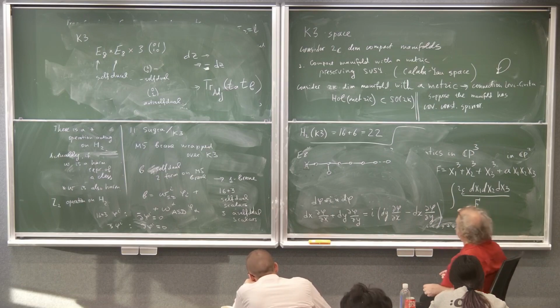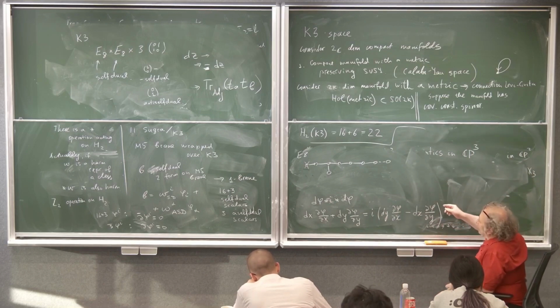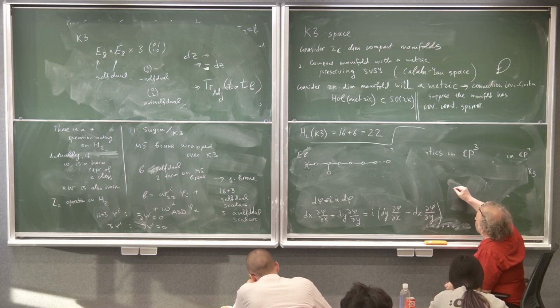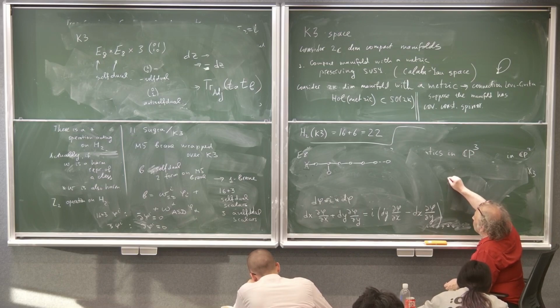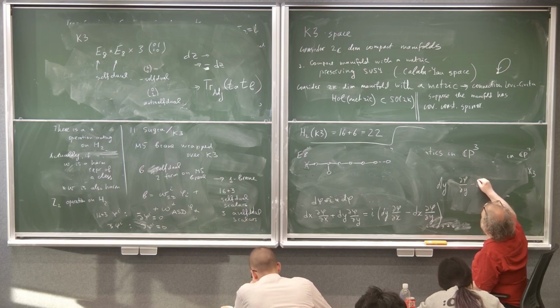But this is exactly, so in front of dx I have, or in front of dy. In particular, I have dy, and here I have d phi over dy minus I d phi over dx.